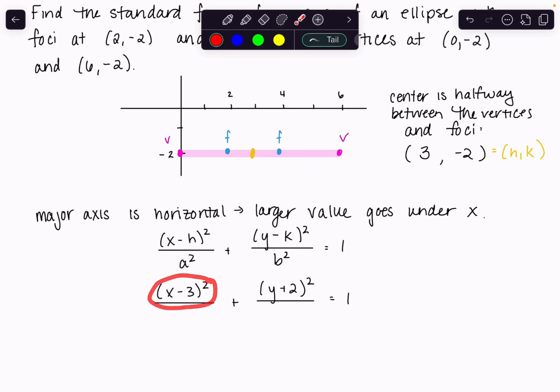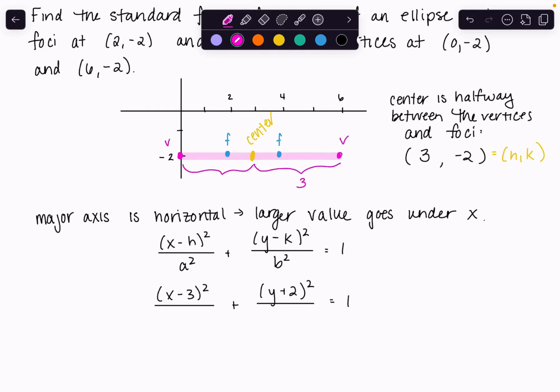I know what goes underneath x because starting from the center point, I go out a distance of 3 in each direction. So that means what goes underneath x will be 3 squared. And I don't know what goes under y yet, so I'm just going to leave that as an unknown, in this case, b. Again, you can use totally different letters, it really doesn't matter.